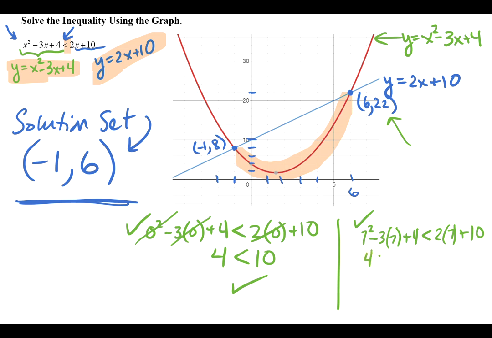Let's take a look. 49 minus 21 plus 4, is that less than 14 plus 10? 49 minus 21 is 28, plus 4 is 32. That is not less than 24, so that also checks because it is false. We wanted it to be false because we were using a value outside of the set.